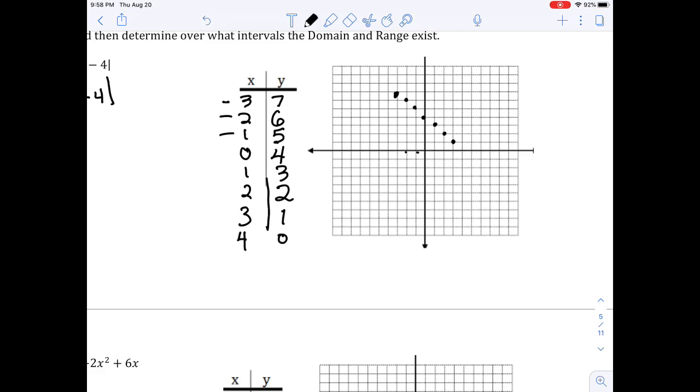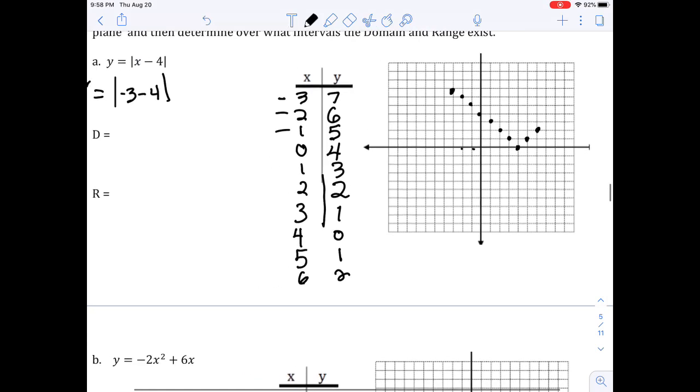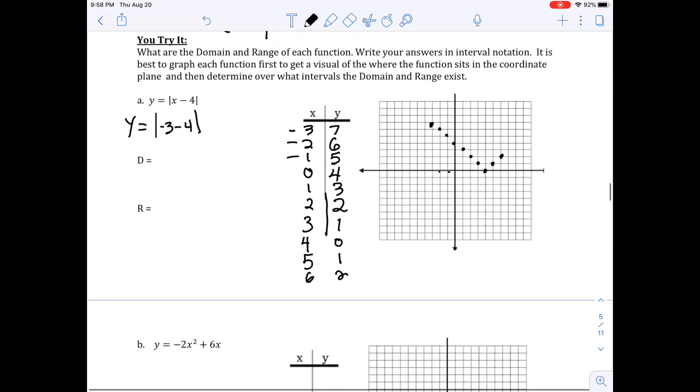I'm going to plug in 4, and I'm going to get 0. Then I'm going to plug in 5, and I'm going to get 1. Then I'm going to plug in 6, and I'm going to get 2. And hopefully you're going to start to see the symmetric nature of this graph. This is actually the absolute value graph, and the absolute value graph graphs to be a V. If we were to do one more, 7 would put us at 3.